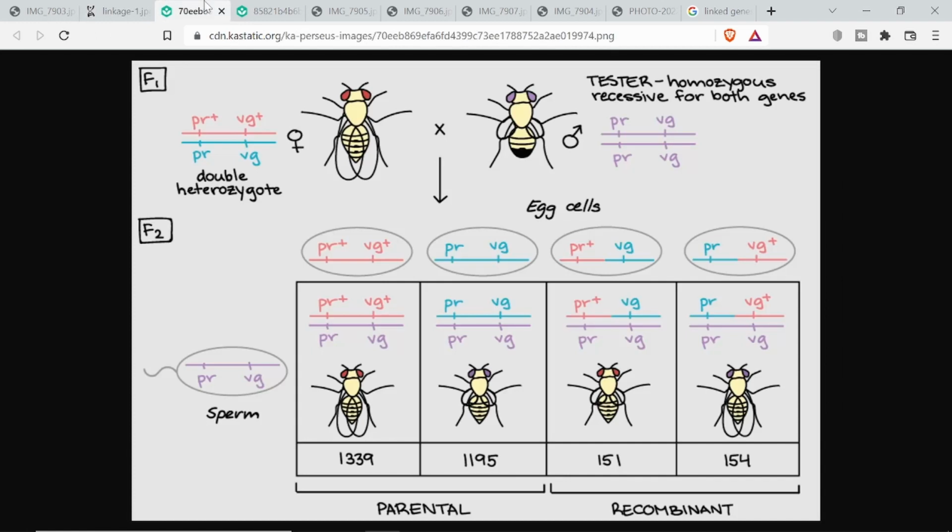Now, to give you a real life example, you've probably seen some version of this with flies. Anyway, it doesn't matter. You're going to see parentals overrepresented, and the recombinants don't even matter. They legitimately don't even matter. This is actually a very good representation of what this looks like.